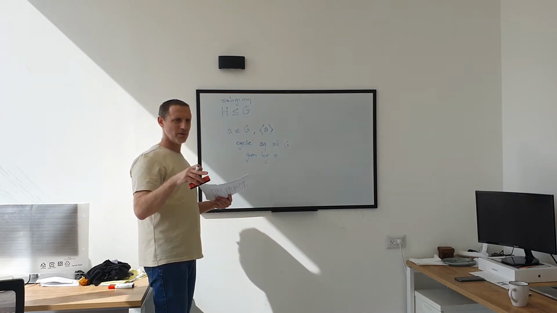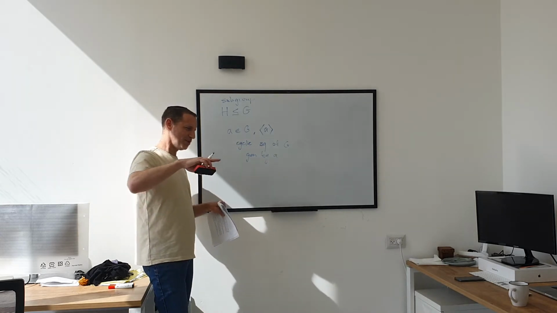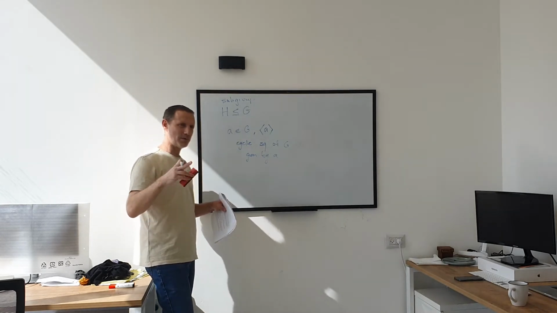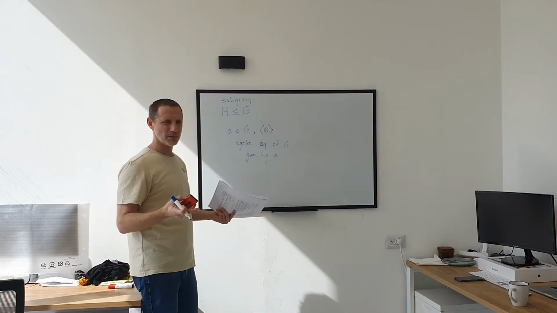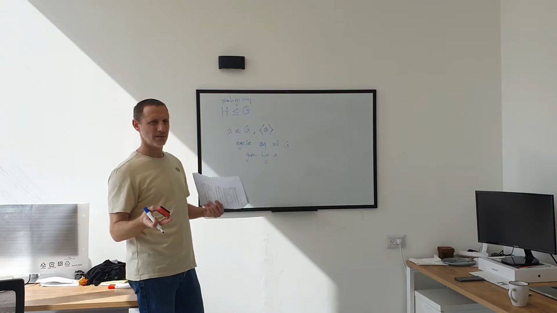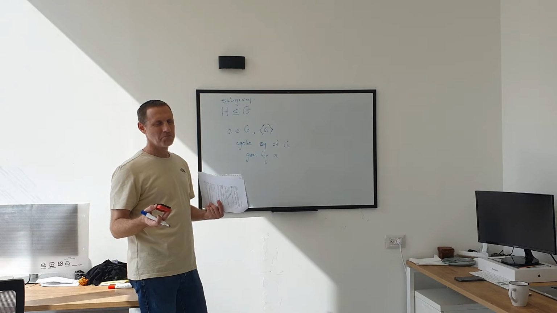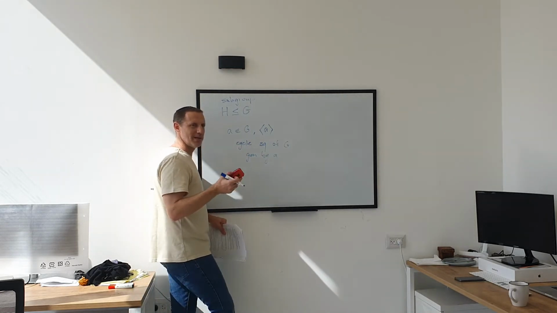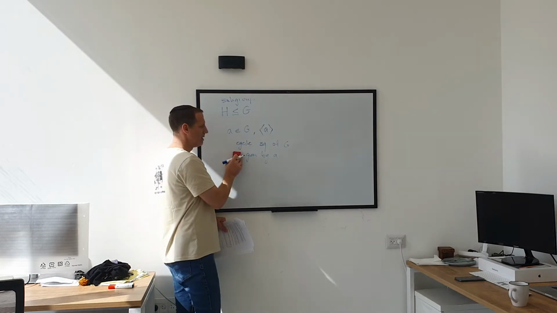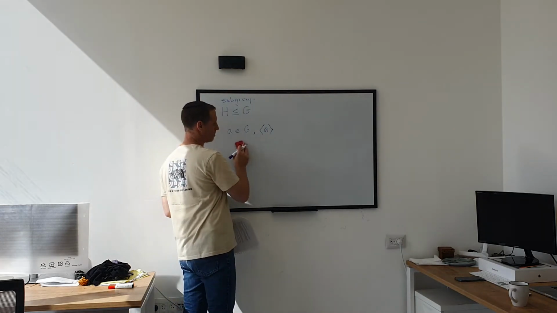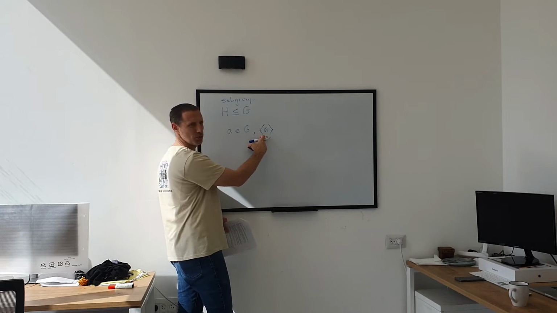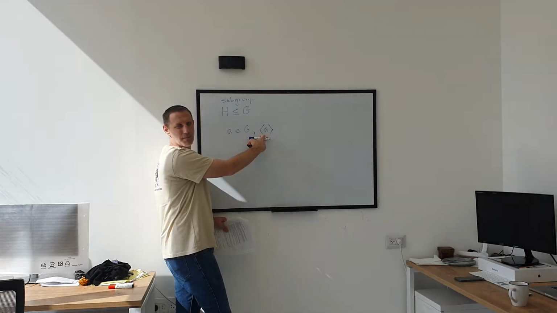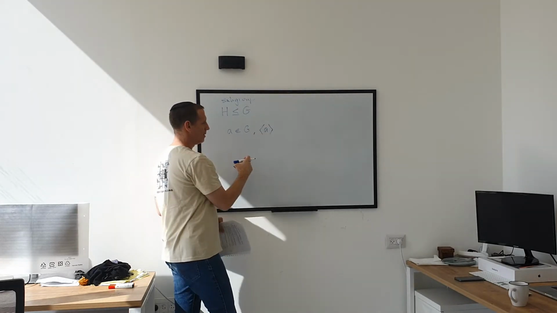Because if you're in a finite group, then the subgroup will also be finite. So it's a modular addition. It's always cyclic, because cyclic just means that I can generate a group from one element. That makes it cyclic, even if it's infinite.